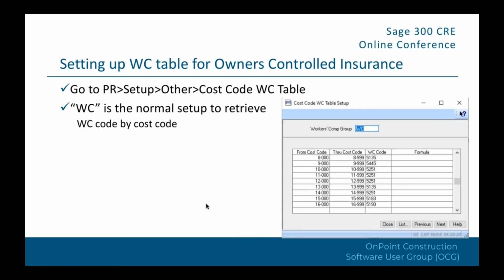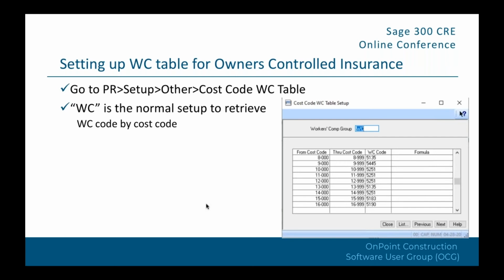Okay, so going in and talking about setting up a workers' comp table for owner controlled insurance. In payroll, under setup and other, cost code work comp table, you see this table.